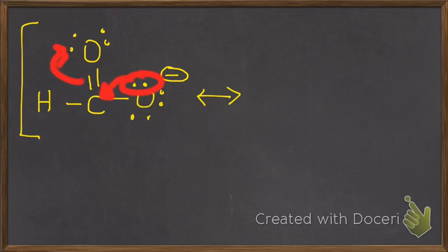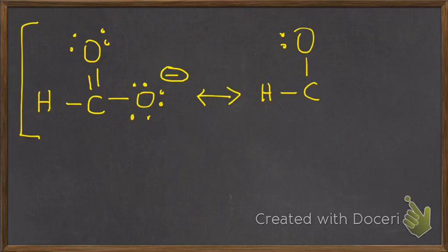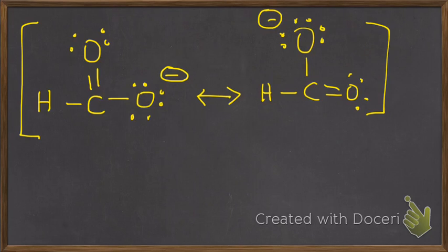So essentially, this is the second possible Lewis structure, where the single bond is to the oxygen at the top, and now it's the negatively charged one, and this oxygen has the double bond. So these are resonance structures. Neither one is 100% correct, and the actual structure is where the electron density is being shared between those two oxygens. It's just we can't accurately draw it, so we draw these resonance structures. Okay?